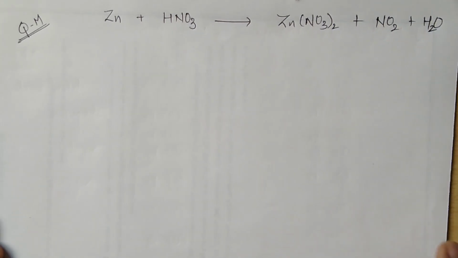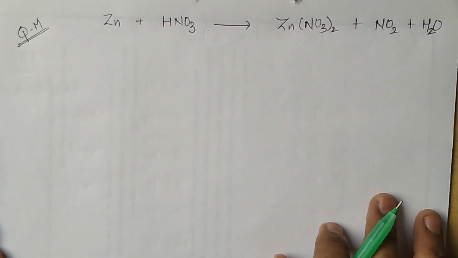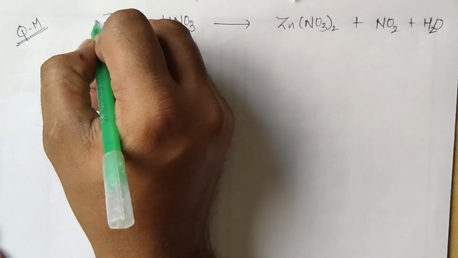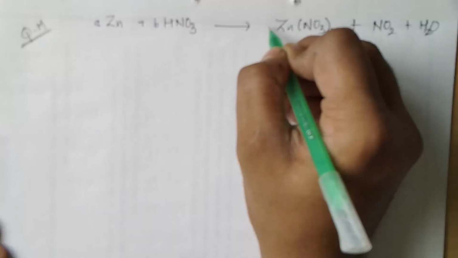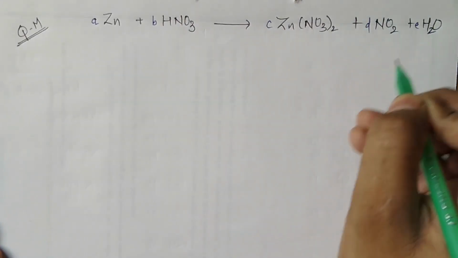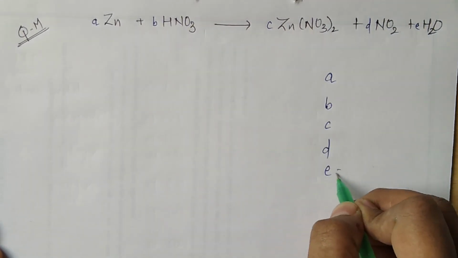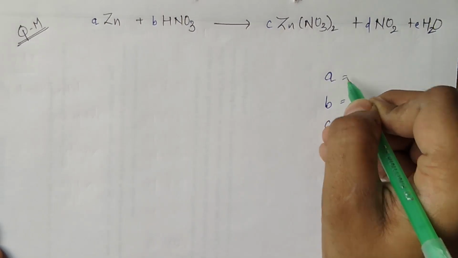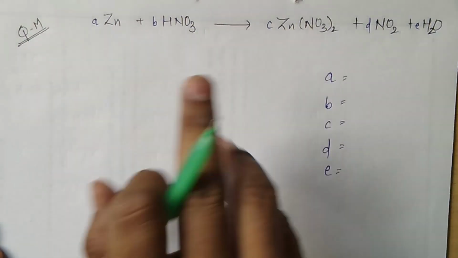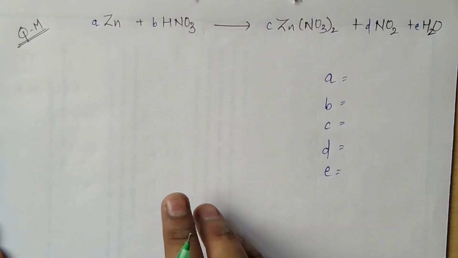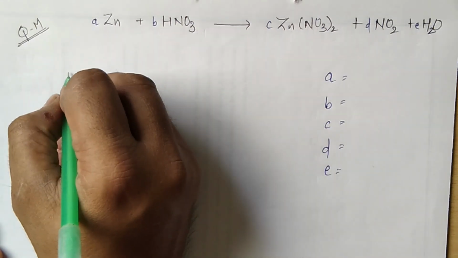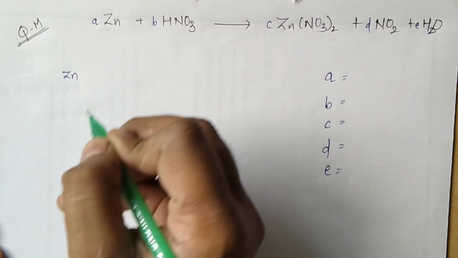Now what you need to do is apply the coefficients A, B, C, D and E. As soon as I solve these coefficients and put the values over here, the equation will be balanced. Now how to consider the coefficient? Say for example, take the metal zinc.